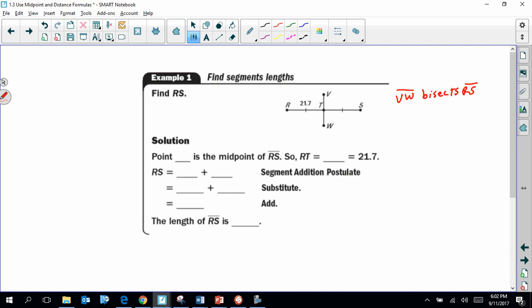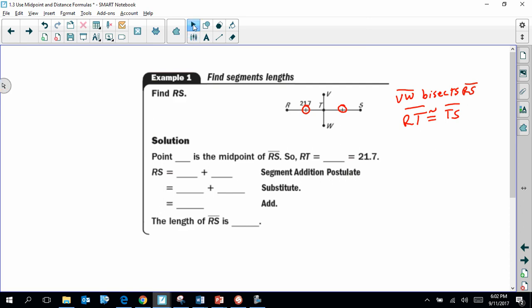Now they don't have to tell me that segment VW is bisecting segment RS. The hash marks that we see here indicate that segment RT is congruent to segment TS. That's what those hash marks are indicating, and that's also what allows me to conclude that VW has to be a segment bisector, or that point T is the midpoint, however you want to think of it.